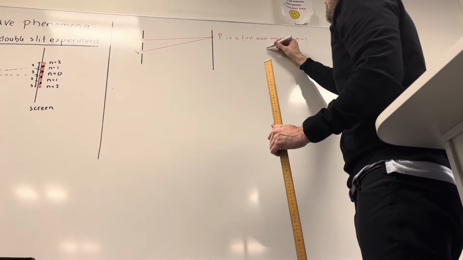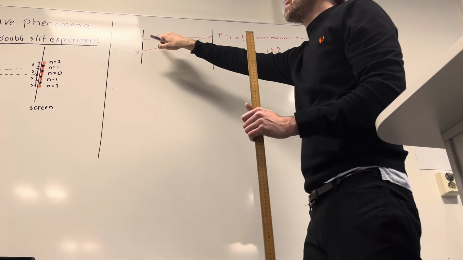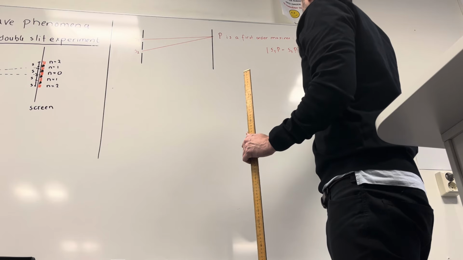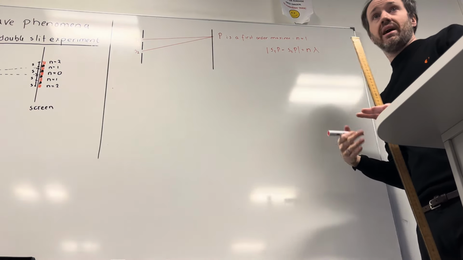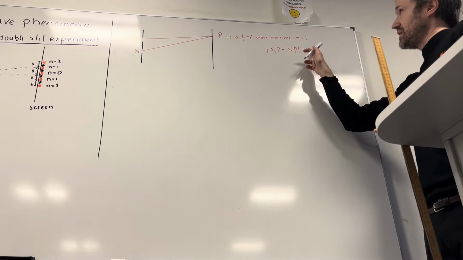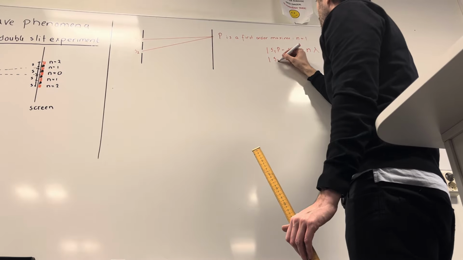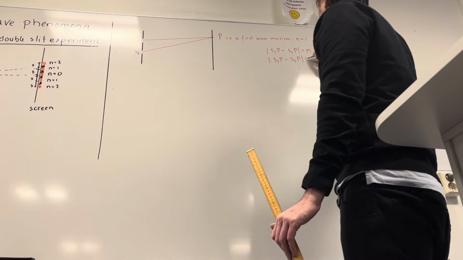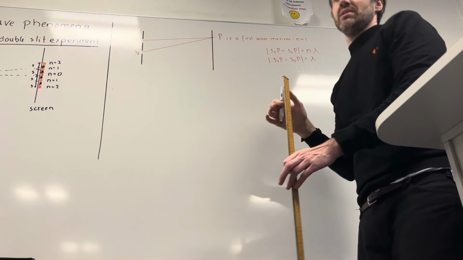So if I take the absolute value of the distance from S1 to P minus S2 to P, if that is n times the wavelength of light, I get constructive interference at that point. And if n is equal to 1, it's required that S1P minus S2P is equal to lambda because n is equal to 1.